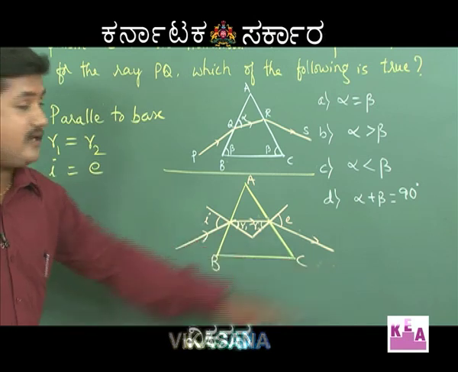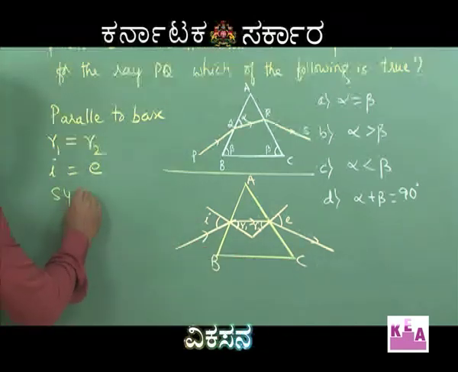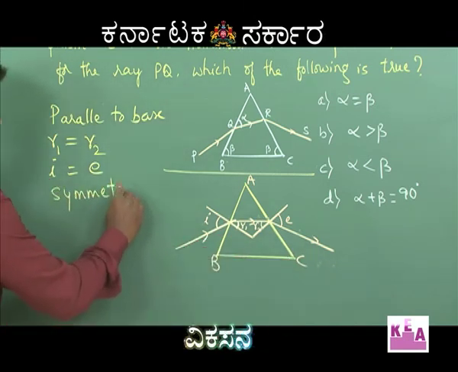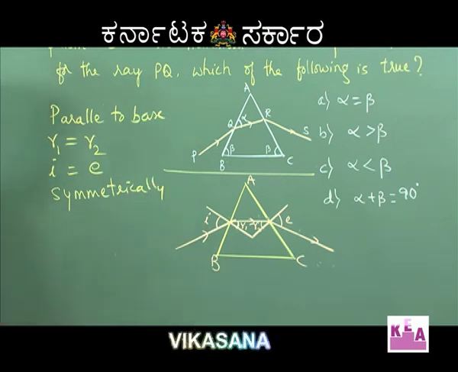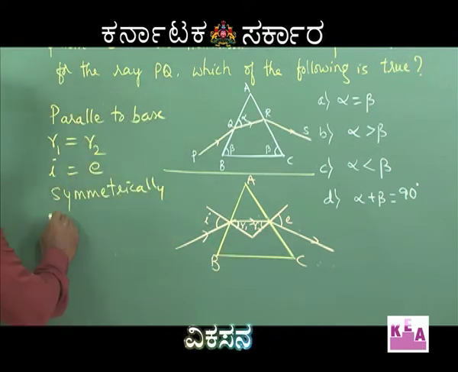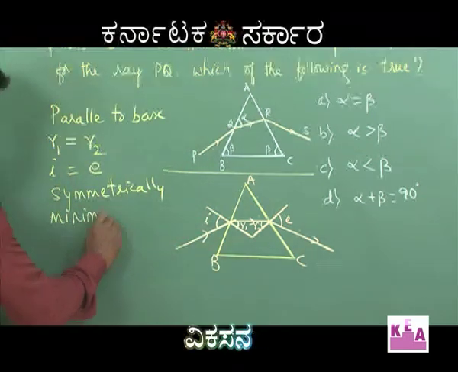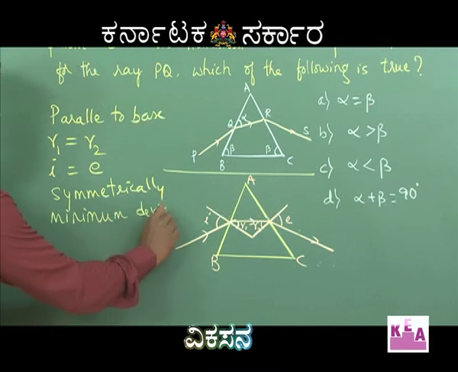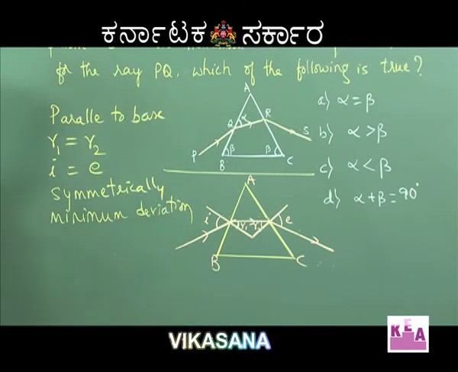Then, last but not the least, the ray suffers minimum deviation. So you can use the prism formula when one of these 5 conditions is given. So please do remember these 5 conditions.